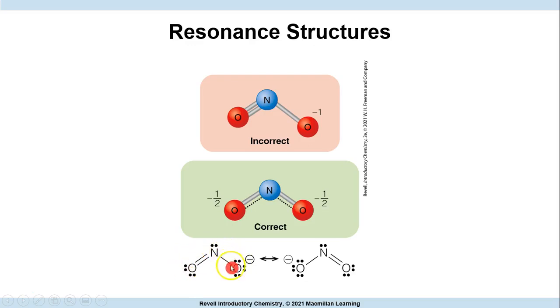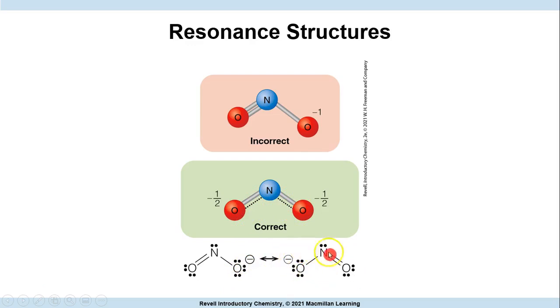So the structure is not this one, the structure is not this one. So the correct structure is a structure that is in between the two. So the double bond here is actually delocalized over the whole structure. That is why you see it here, delocalized. So the negative here is not on this oxygen atom or on this oxygen atom.